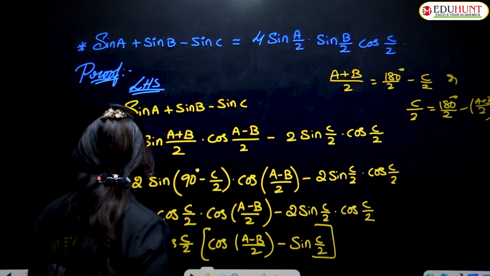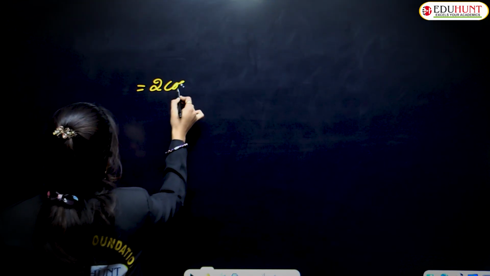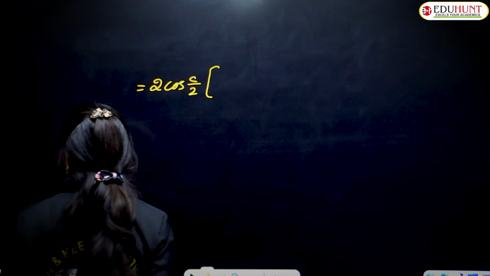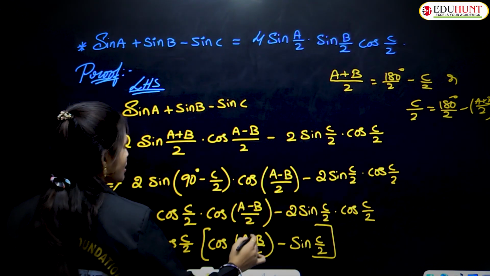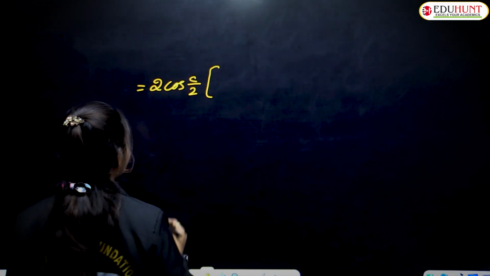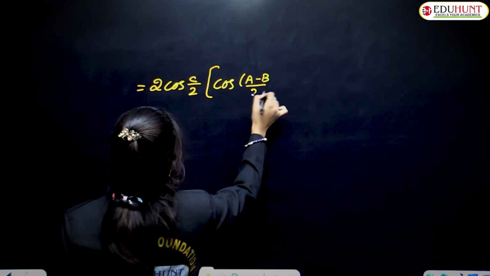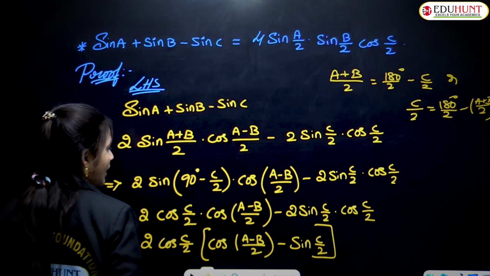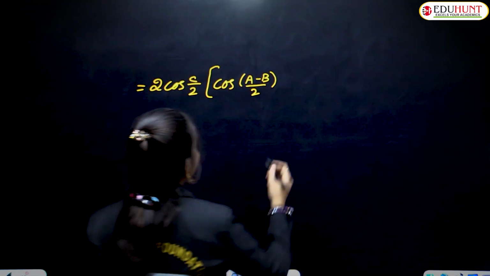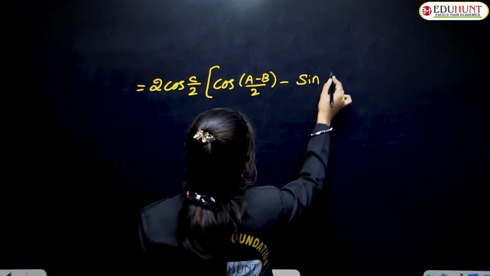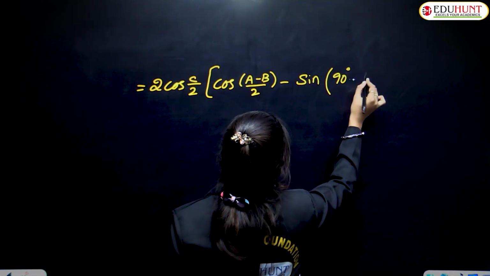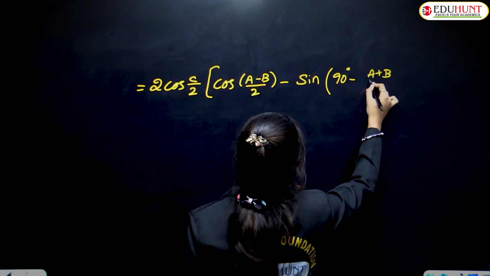So which is equal to 2 cos C by 2 into cos of (A minus B) by 2, and here minus sin, at the place of C by 2 we can write 90 degrees minus (A plus B) by 2.